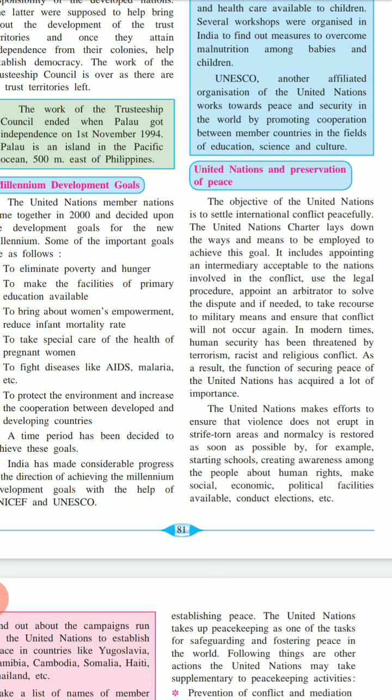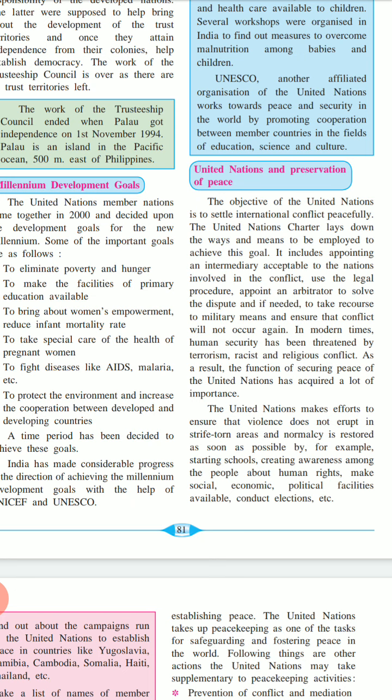It includes appointing an intermediary acceptable to the nations involved in the conflict, using legal procedure, appointing an arbitrator to solve the dispute, and if needed, taking recourse to military means and ensuring that the conflict will not occur again. In modern times, human security has been threatened by terrorism, racist, and religious conflicts. As a result, the function of securing peace of the United Nations has acquired a lot of importance.